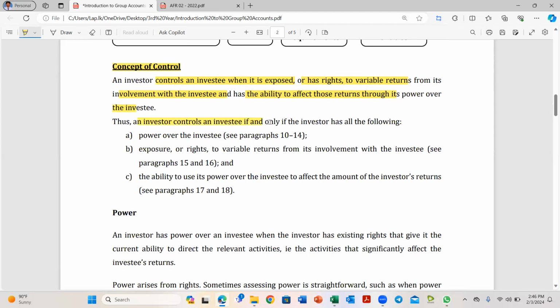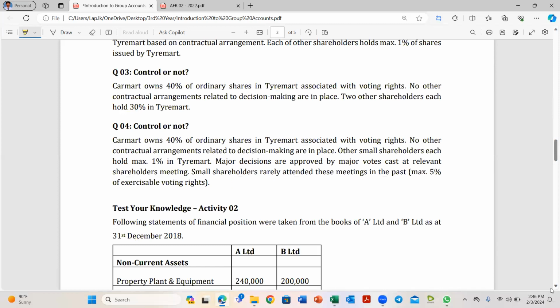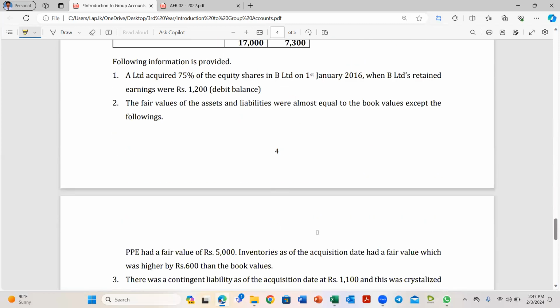Thus, the investor controls an investee if and only if the investor has power over the investee, exposure or rights to variable returns from its involvement in the investee, and the ability to use its power over the investee to affect the amount of the investor's returns, right? What is meant by power? Those things are mentioned here. You can see. This is for your knowledge, not for the general idea. You learned those things in first year, sorry, second year.